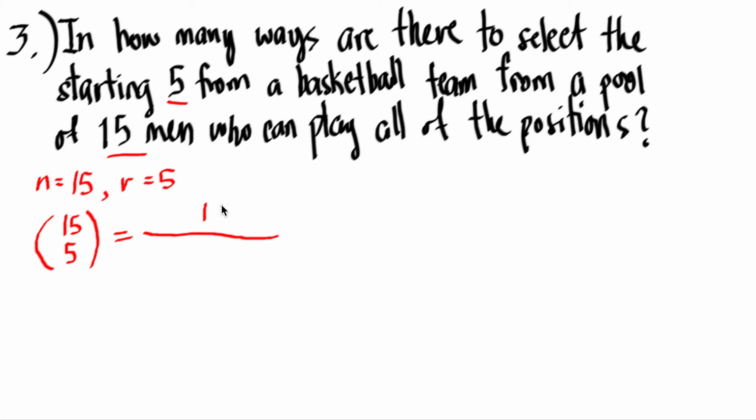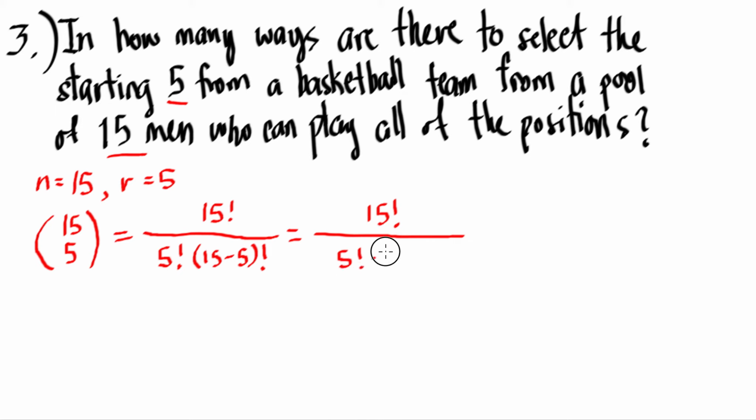If you have the calculator, that's good actually. So what we have is 15 factorial over 5 factorial times 15 minus 5 quantity factorial. 15 minus 5 is 10, so we have 15 factorial over 5 factorial times 10 factorial.